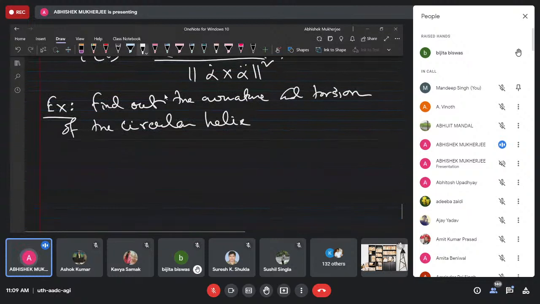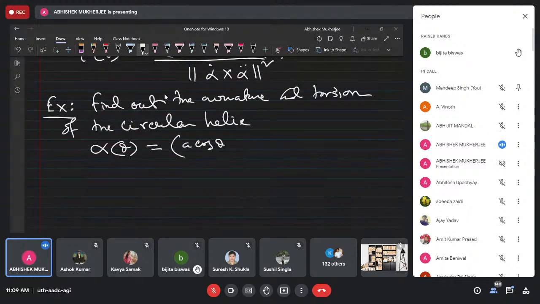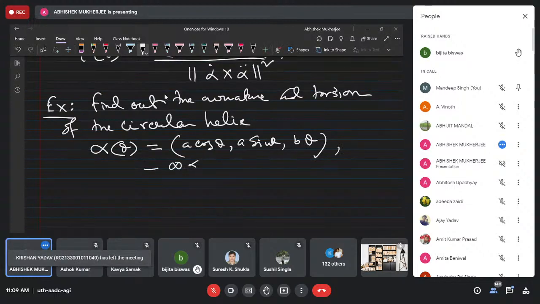That will be defined as alpha theta, that means a cos theta, a sin theta, b theta, where theta is in between this one, and your a and b are constants.